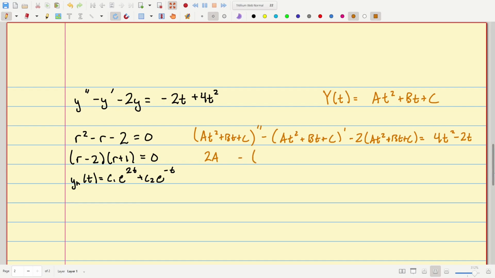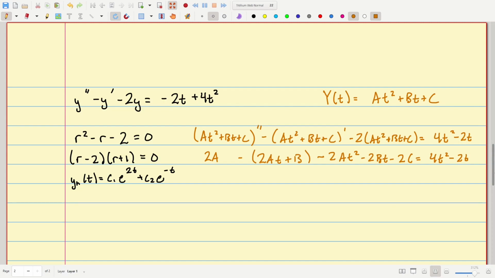Minus, take 1 derivative, we get 2at plus b. And then negative 2 times just this expression, so we'll go ahead and distribute. Negative 2at squared minus 2bt minus 2c, and that's going to be equal to our right-hand side.